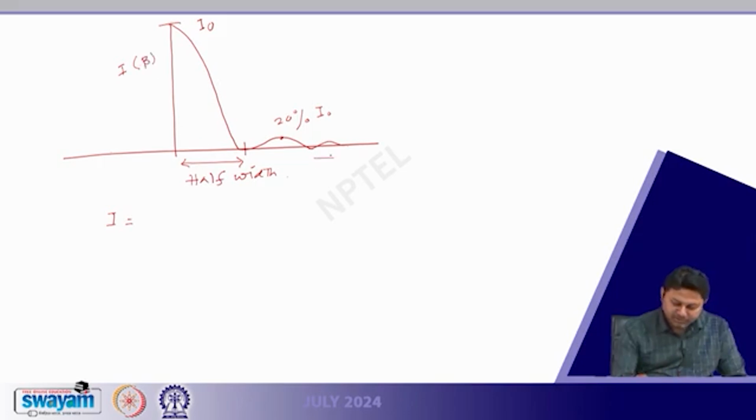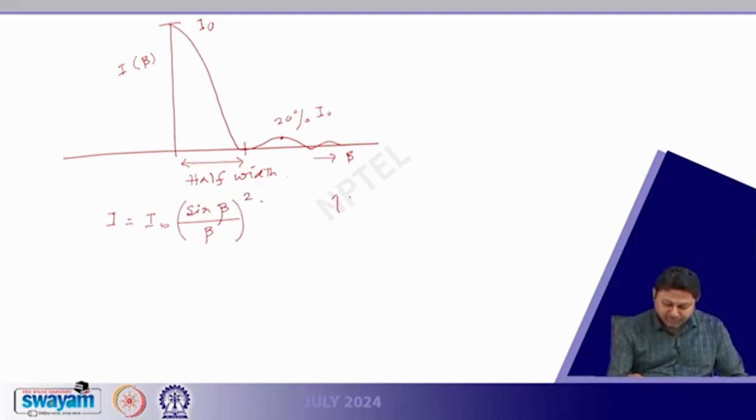Along this direction we have beta. So, I is I naught sine beta divided by beta, whole square of that.